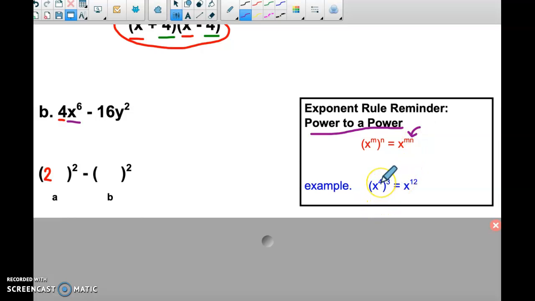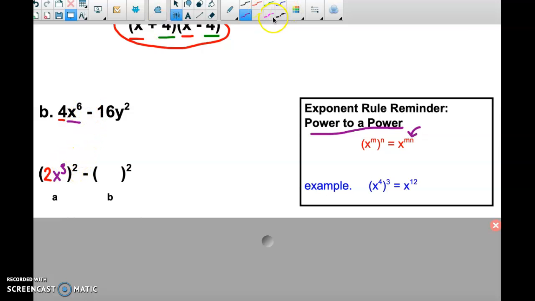X to the 4 to the 3rd power, I multiply 4 times 3 gives me 12. So I can fill in like a little x here, right? X needs to be raised to something squared to give me 6. So what times 2 gives me 6? 3. And I can check this, right? 3 times 2 gives me 6.